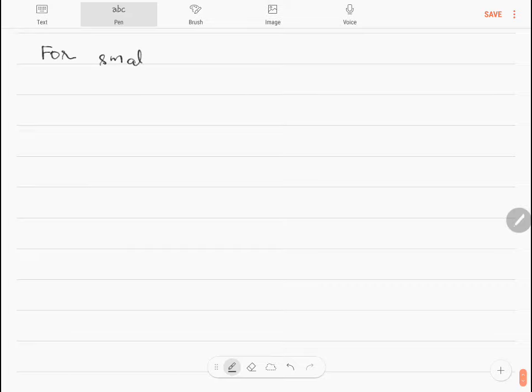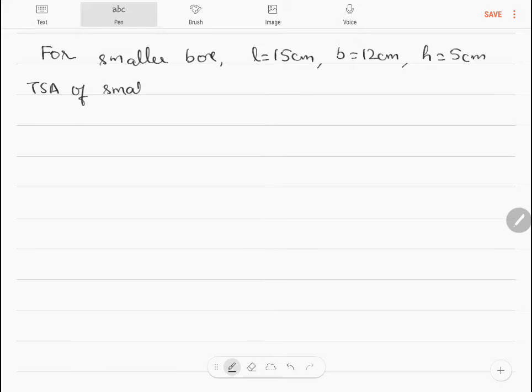Next, we have to find the smaller box. Similarly, for the smaller box, length is 15 centimeters, breadth is 12 centimeters, height is 5 centimeters. Total surface area of the smaller box is equal to, formula will be 2 into (LB plus BH plus HL).